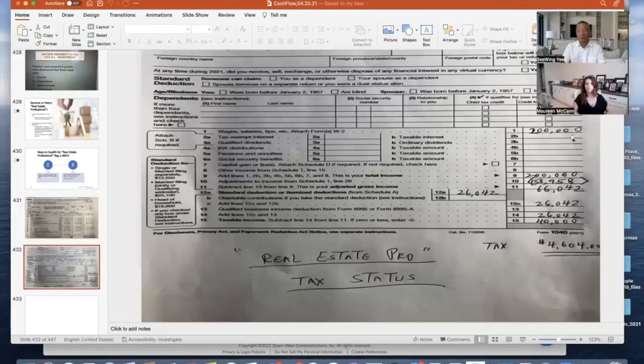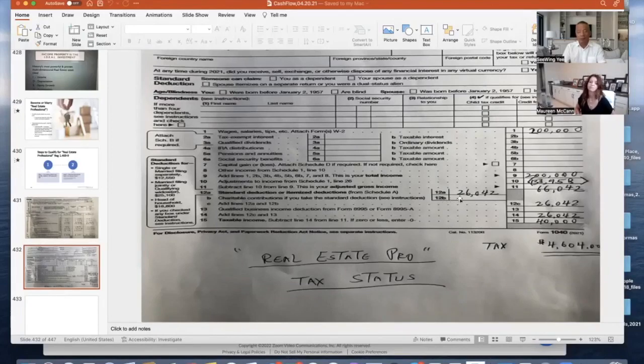That $133,000 of passive losses can offset not only passive income, but ordinary income, which is the working spouse's wages. So 200 grand minus 133,000 equals $66,000 in adjusted gross income, AGI, right?